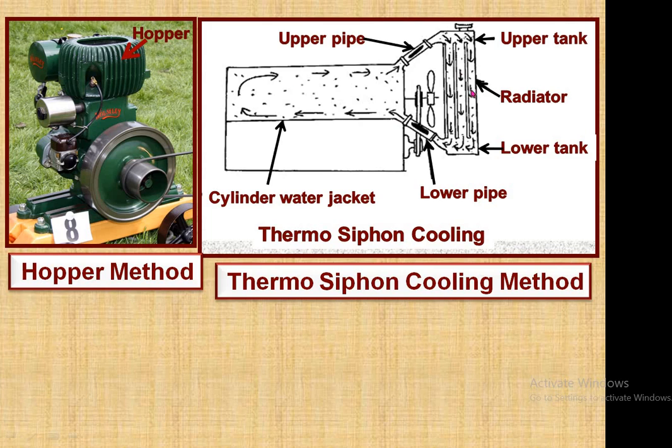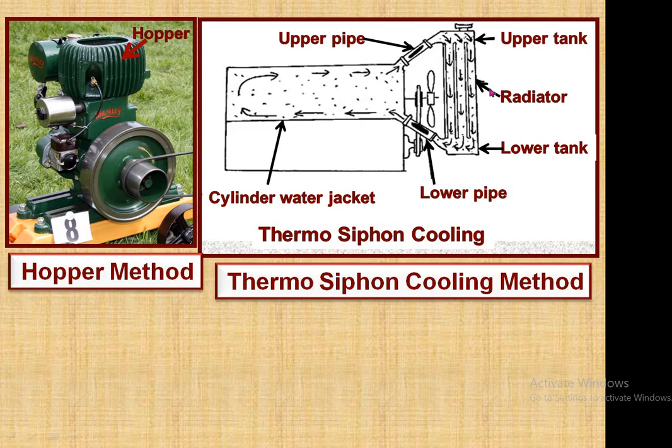See here, this is the radiator that we have kept for filling the water or coolant. So if we fill up the radiator with our coolant through the upper tank, then as and when the cold water enters the engine system and gains heat, it becomes lighter and goes to the upper portion of this circulating system and then into the upper parts of the radiator.